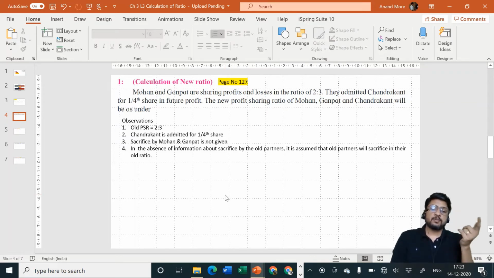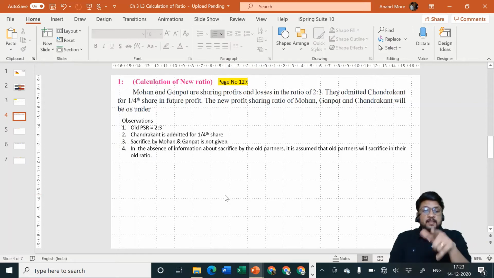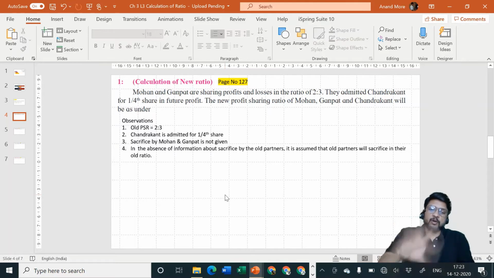So sacrifice ratio and old ratio will be automatically same. So in this type of problem, even before I perform the steps, I already know the answer. My sacrifice ratio is going to be 2:3. Are you getting the point? My sacrifice ratio is going to be 2:3.